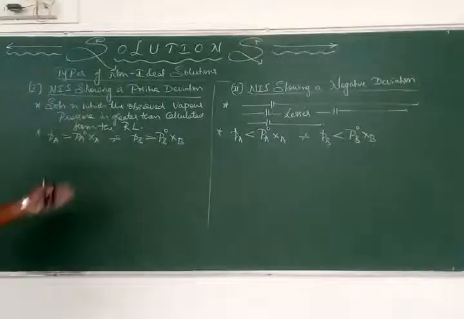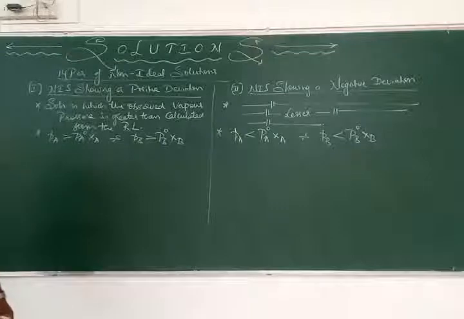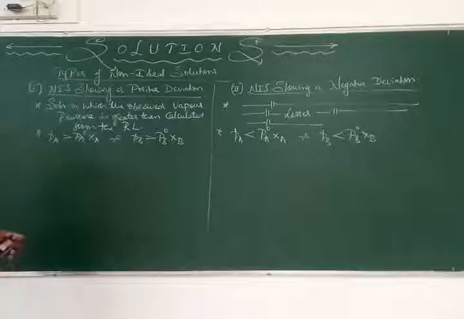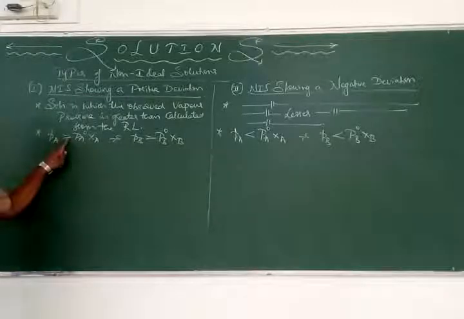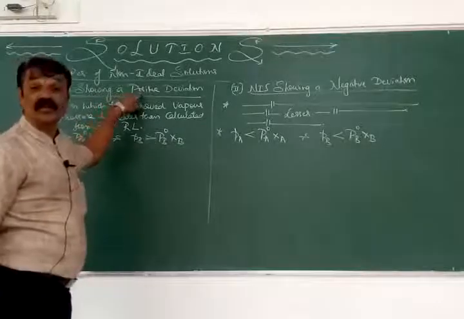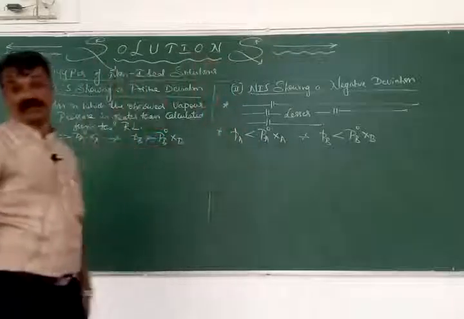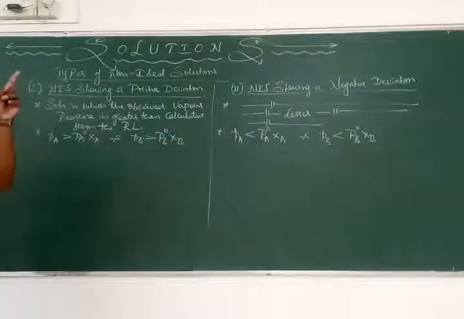If it is equal, then it is only an ideal solution. If it is not equal, it is a non-ideal solution. But here, instead of not equal, it is mentioned as greater. Greater means positive deviation. If it is less than, then it is the solution showing a negative deviation.